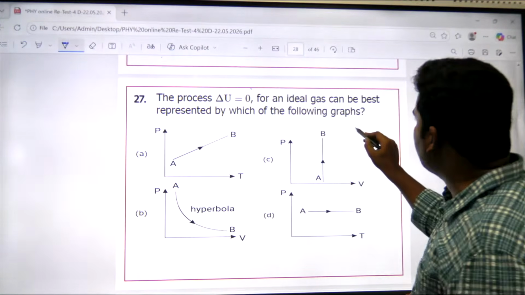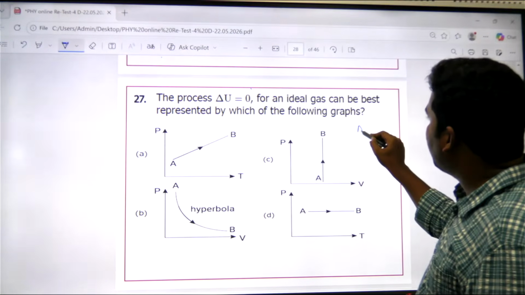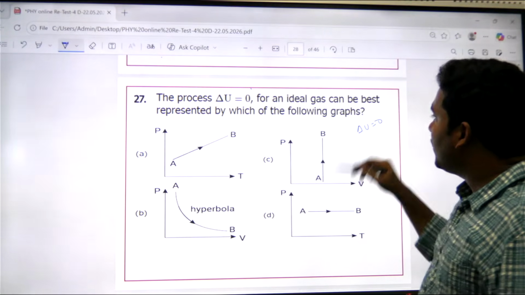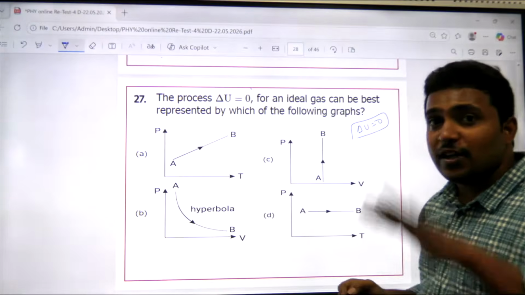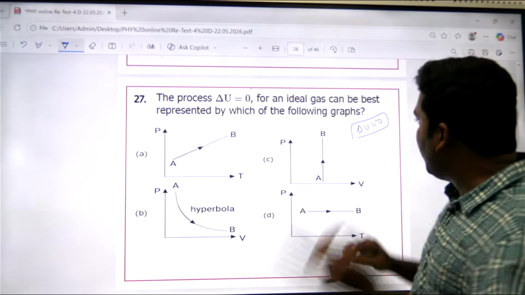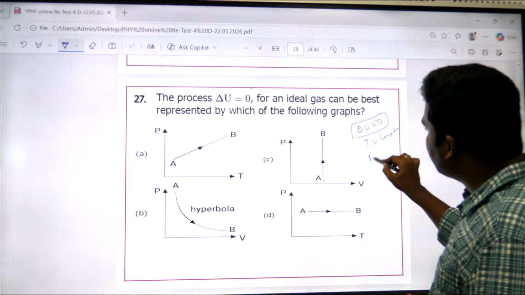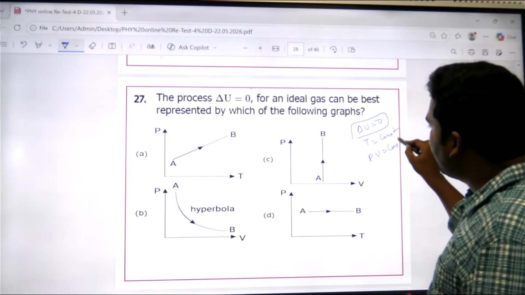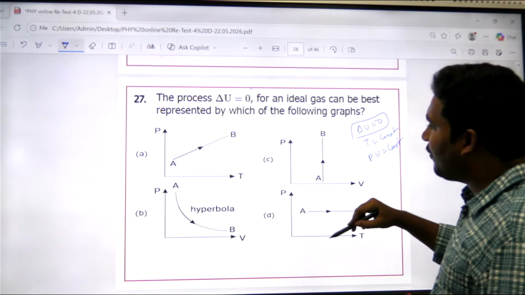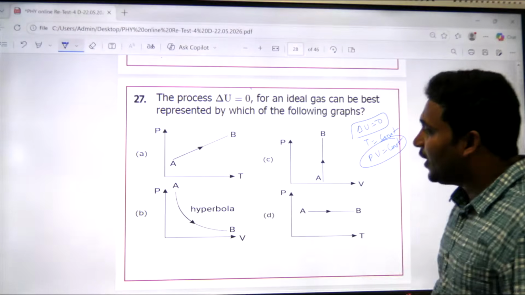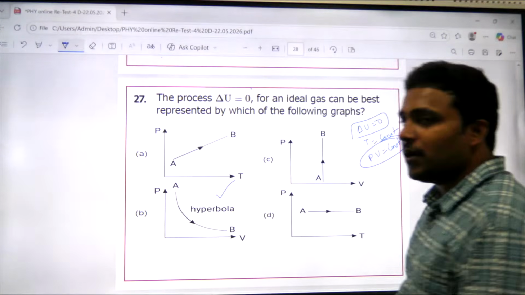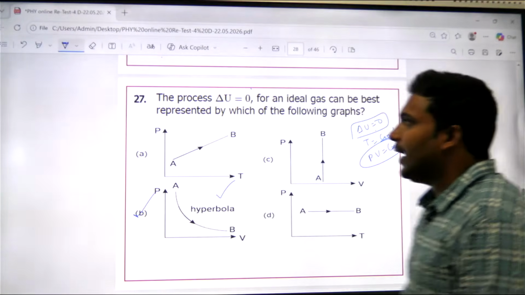If total internal energy is zero, that means there is no increase or decrease in the temperature of the body. If there is no increase of temperature, can you simply say the temperature is constant? If temperature is constant, can you simply write it as PV equals constant? If PV is constant, which graph better represents it? So it is option B. Option B is your right answer.